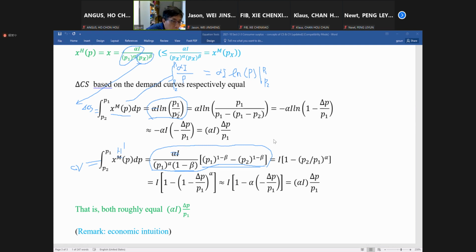But if you measure the price not in Patacas, but in Hong Kong dollars, this number will become 5 point something. This number will be 4 point something. And at the same time, the ratio of two prices is still the same.